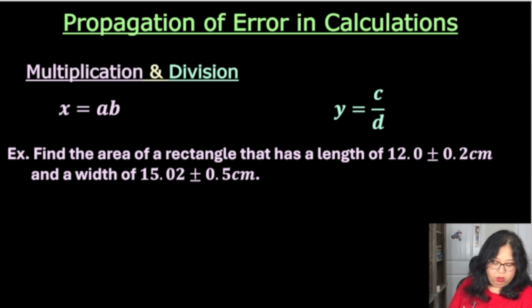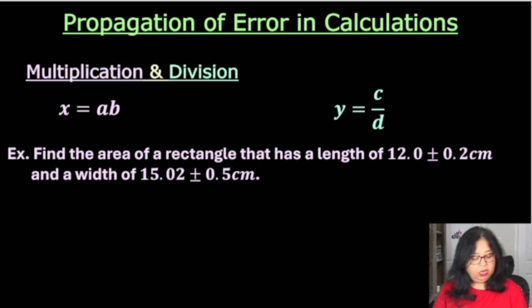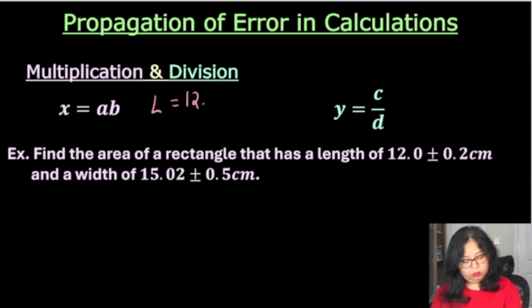Here's another example of finding the area of a rectangle that has a length of 12 plus minus 0.2 and a width of 15.02 plus minus 0.5 centimeters. All right, so here is my length, and width is 15.02 plus minus... there should be no 0 over here.